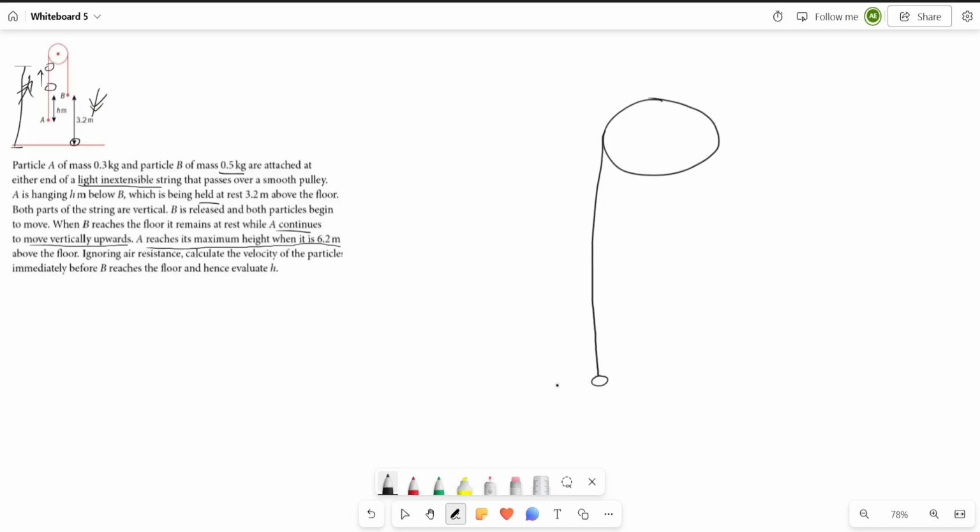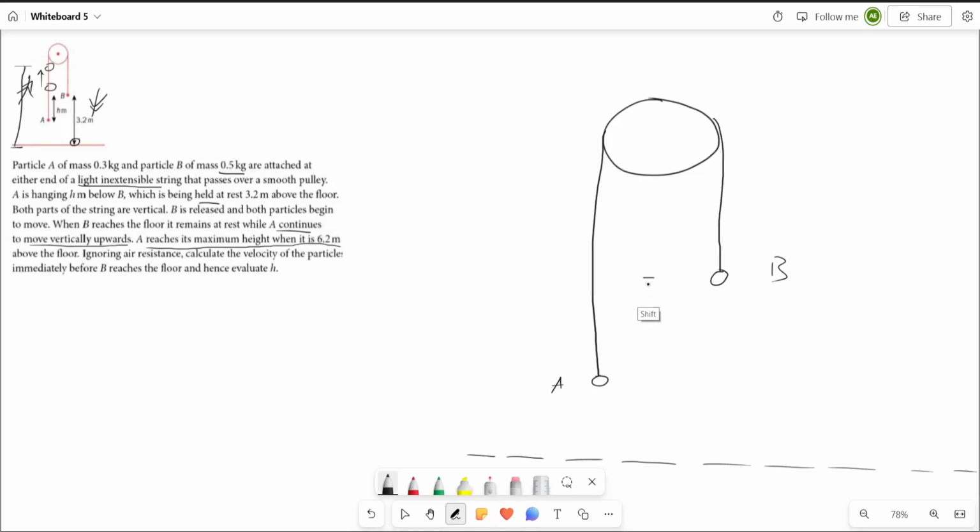So this is particle A. Let's say this over here is the floor, and this is particle B. We know that the distance between A and B is h.